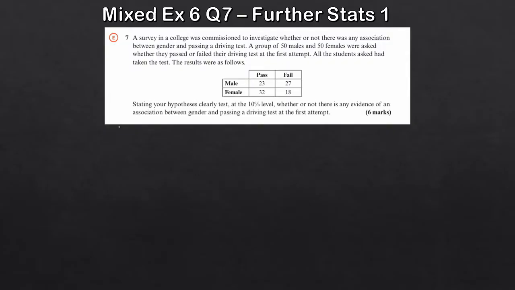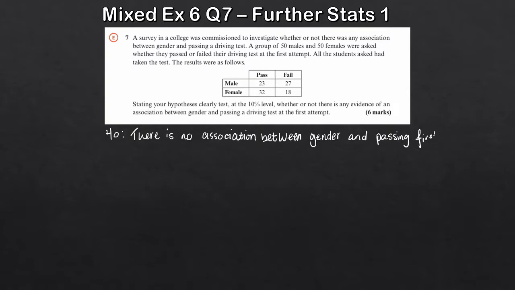So H0: there is no association between gender, because that's what we're investigating, and passing first time. Probably should mention that it's a driving test, but I'm just being a bit lazy.